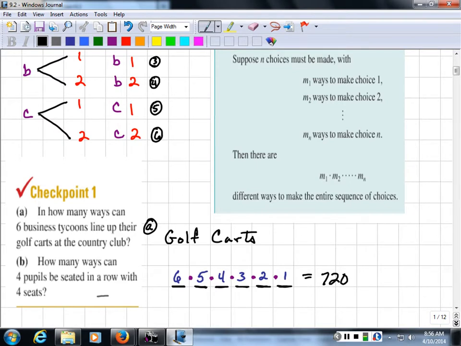It is up there with addition, subtraction, multiplication, division, exponents, logarithms. And this is a factorial.